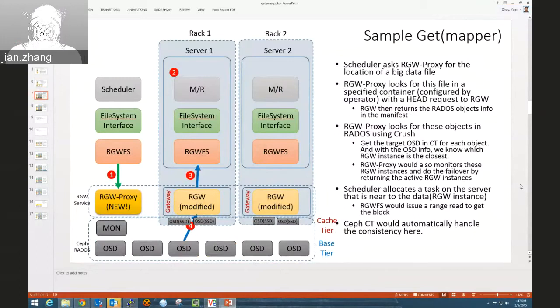If we calculate that one object's cache tier actually belongs to RGW1's OSD in the cache tier, would it be possible that due to some unknown reasons, some days later the object is cached on a cache tier SSD that is actually in rack 2? It's going to be moved.